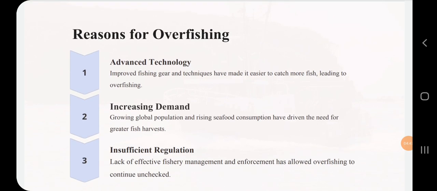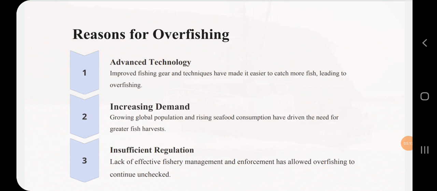Reasons for overfishing. These are the three main reasons for overfishing: advanced technology, increasing demand, and insufficient regulation. So advanced technology, improved fishing gear and techniques have made it easier to catch more fish, leading to overfishing.